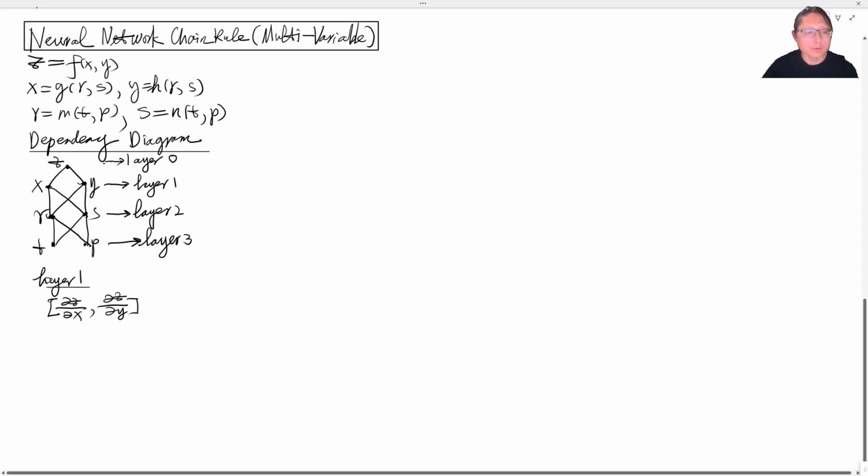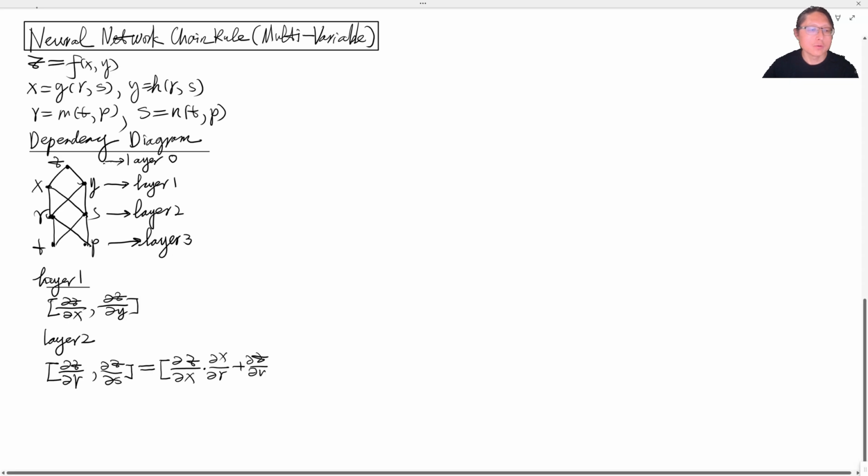For layer 2, we will use a little help from the dependency diagram when we need to get partial z with respect to partial r, and partial z with respect to partial s. We have different paths in this diagram from z to r and from z to s. For example, from z to r, we can go z, x, r, and also z, y, r.